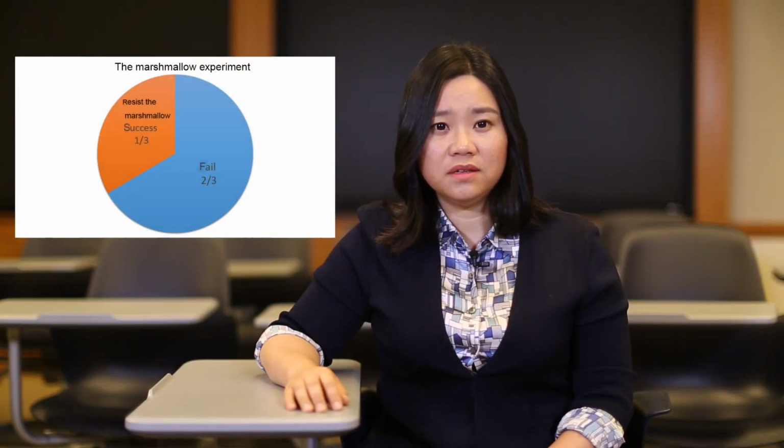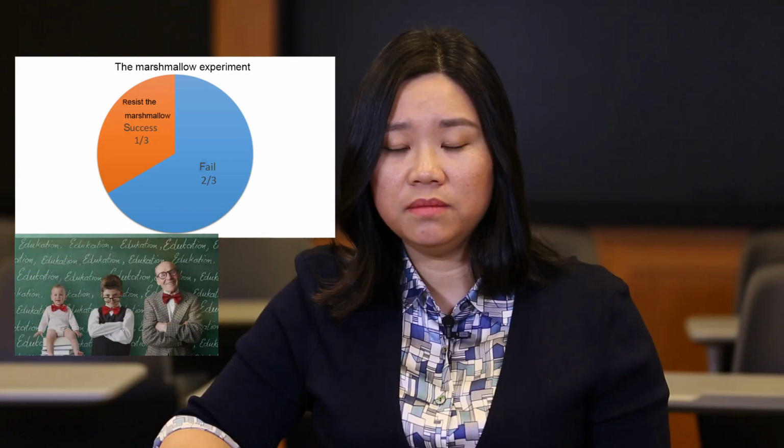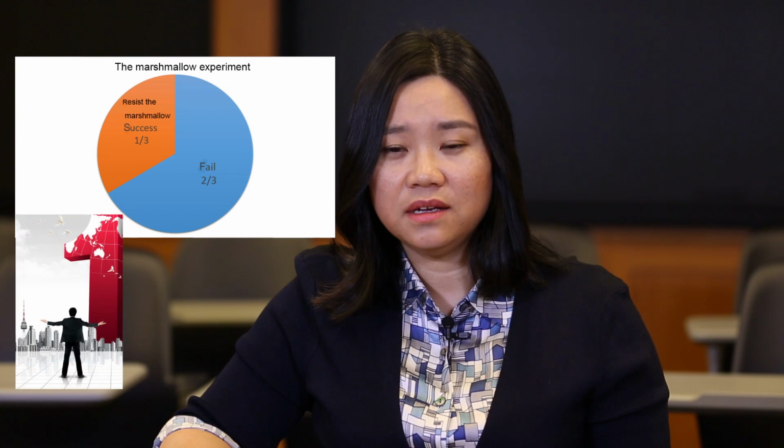In a follow-up study, these psychologists followed the behavior of all these children who participated in the marshmallow experiment when they reached the age of 18 and onwards. They found that the 1/3 of the kids who actually resisted the marshmallow became much more successful in life. Most of them went to good universities, they had good grades, and they had very healthy relationships.